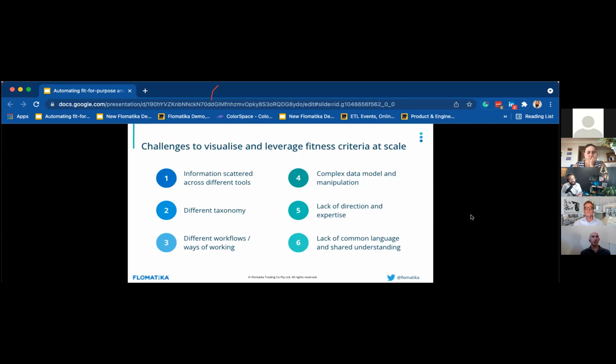So imagine different tools, different taxonomy, different workflows, the complexity of the data model, the implementations, etc. Usually that's where the source of the challenge comes from: extracting meaningful data.